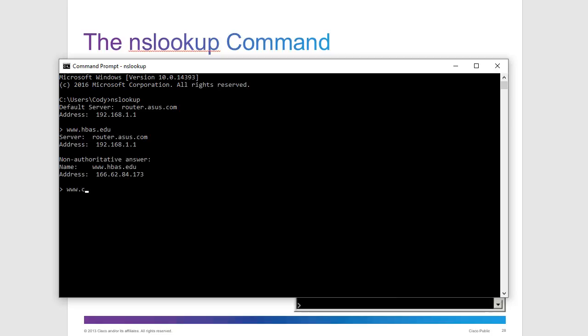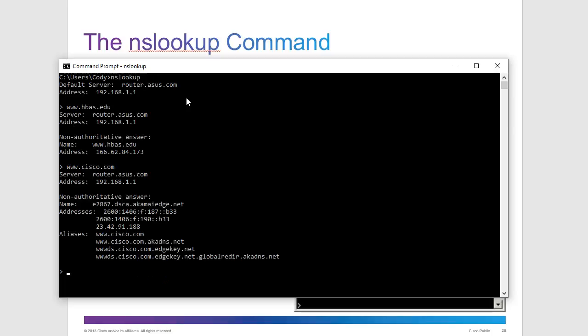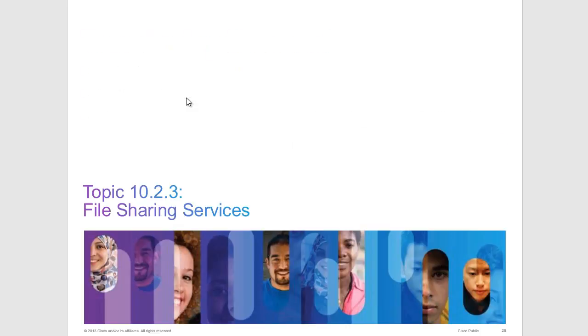Or www.cisco.com. Okay, we've got some IPv6 addresses, different aliases, and the IPv4 address. So there that is. All right, so that's how nslookup works. You're just looking for the actual IP address of different sites manually.